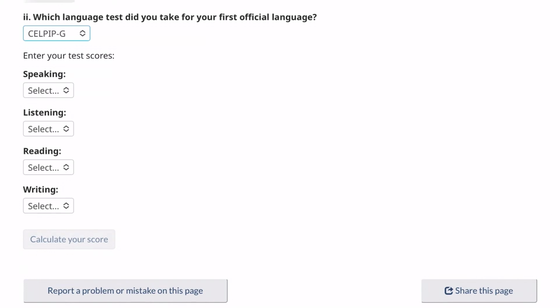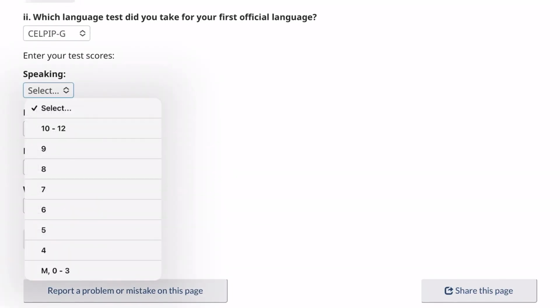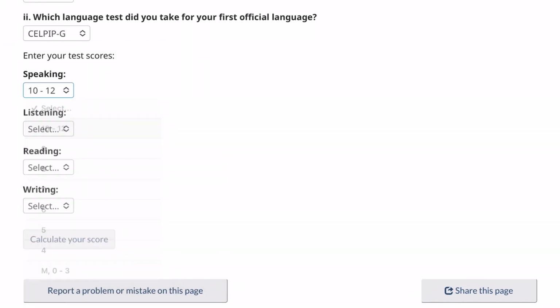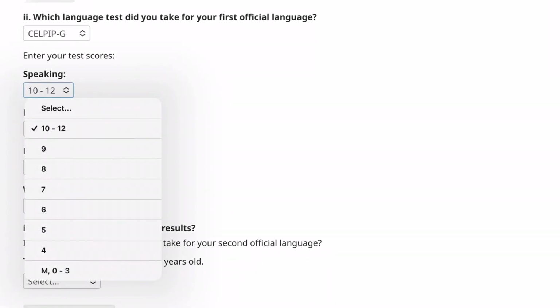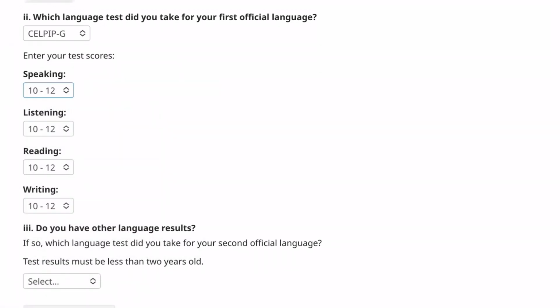The minimum is 6, but depending on your confidence in your English, where do you think you can score? For example, I was confident that I would get somewhere between 10 and 12, and I really got between 10 and 12. If you are not confident, you can put 9 or 8, but this is just a simulation.